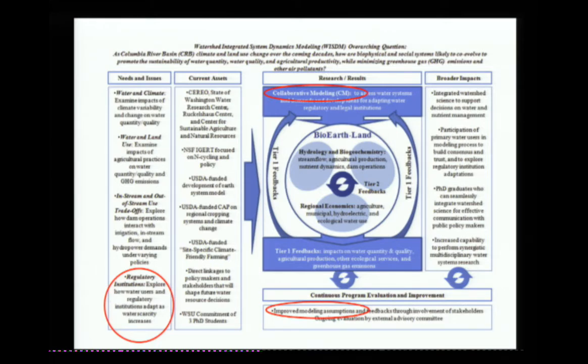And then also down here, improved modeling assumptions, which relate back to both regulatory institutions and the collaborative modeling. The objective for all of those is to improve our modeling assumptions for projects like BioEarth, large integrated projects, where for the most part, at least from my perspective, we're trying to model the effects of climate change, taking the larger institutional environment as fixed, you could say.